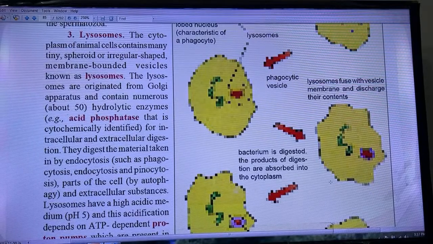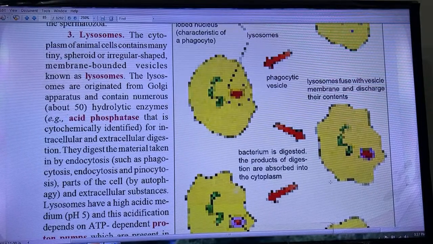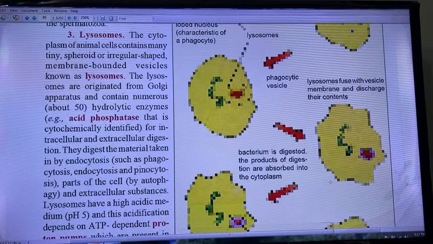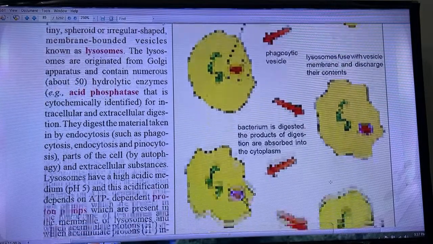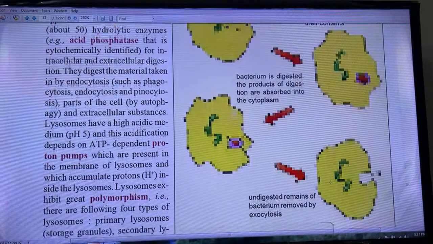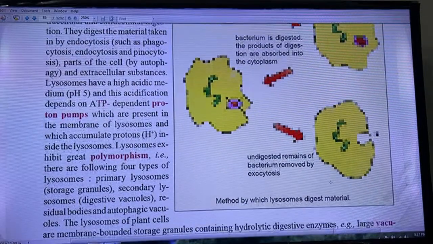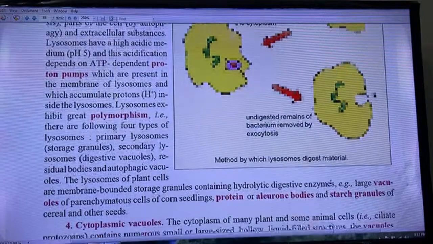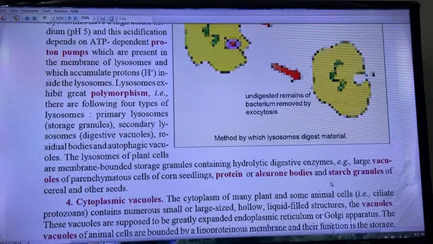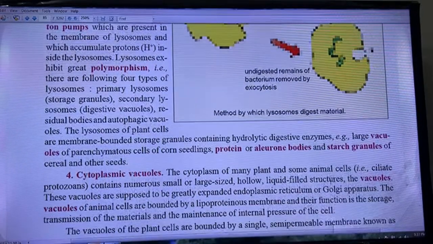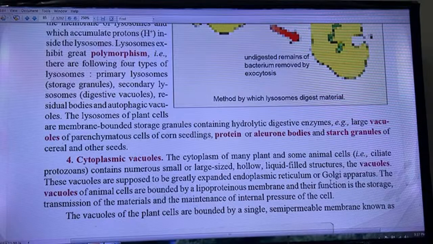They digest the material taken in by endocytosis such as phagocytosis and pinocytosis, part of the cell by autophagy, and extracellular substances. Lysosomes have a highly acidic medium, and this acidification depends on ATP-dependent proton pumps present in the membrane of lysosomes, which accumulate protons, H plus, inside the lysosomes.